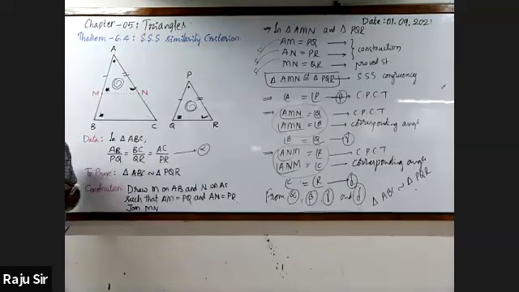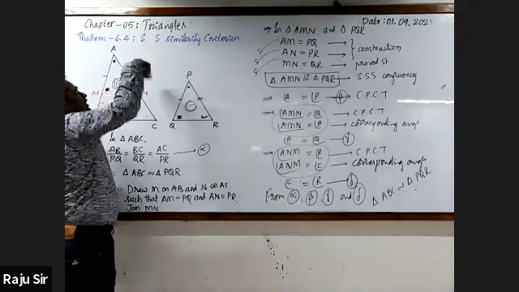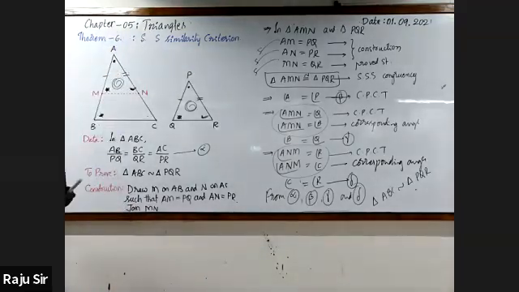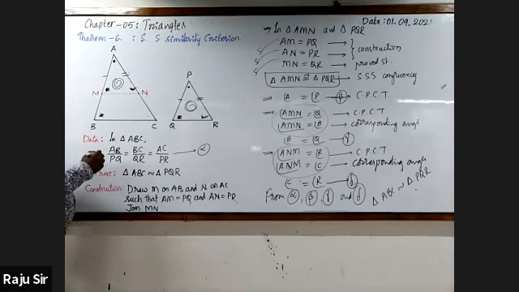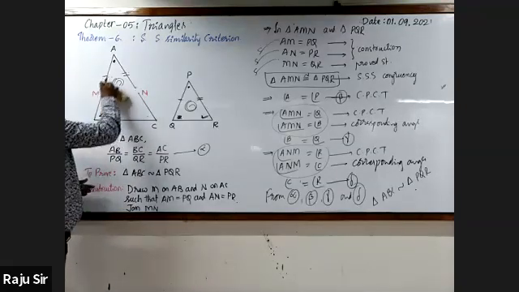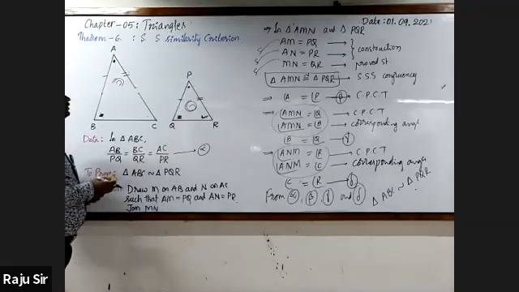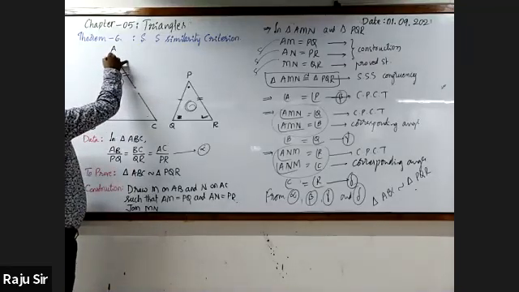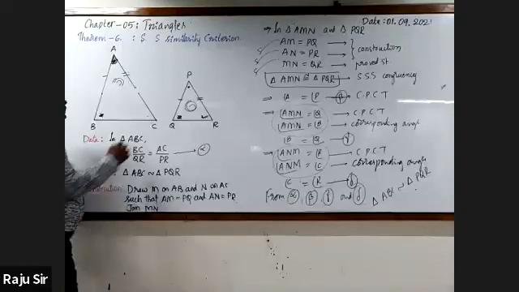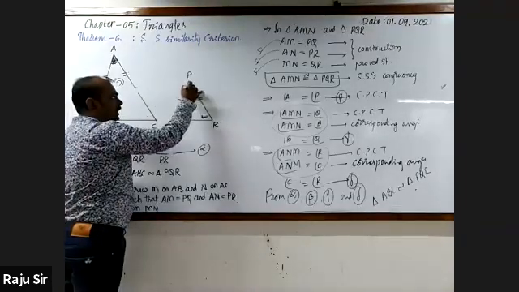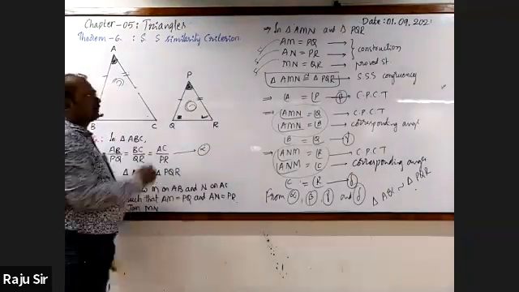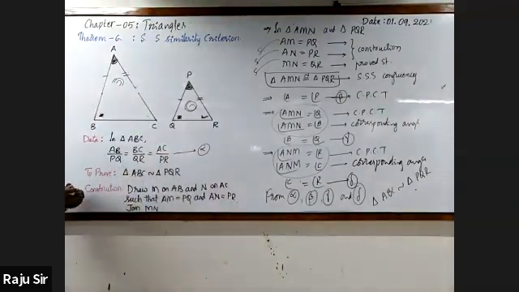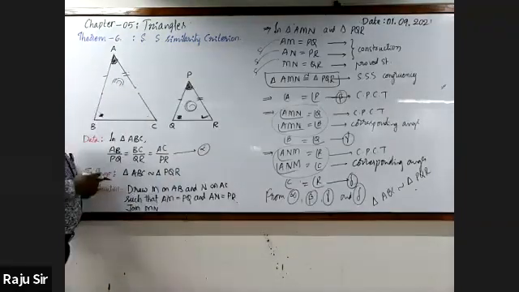Now we are moving to the next similarity, which is SAS. First, the statement. Look at the board. Two triangles are taken. I'll take an angle of the first triangle ABC equal to an angle of another triangle PQR. Here, A equals P. What are the sides including angle A?